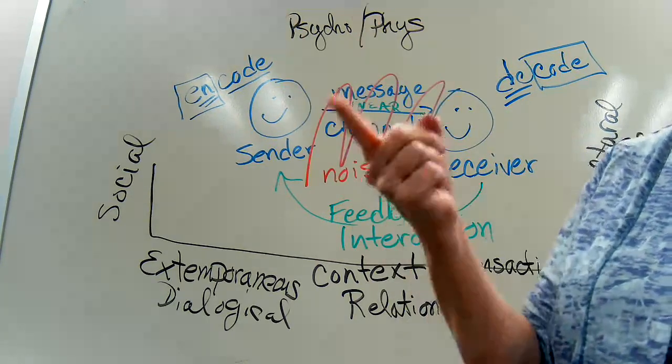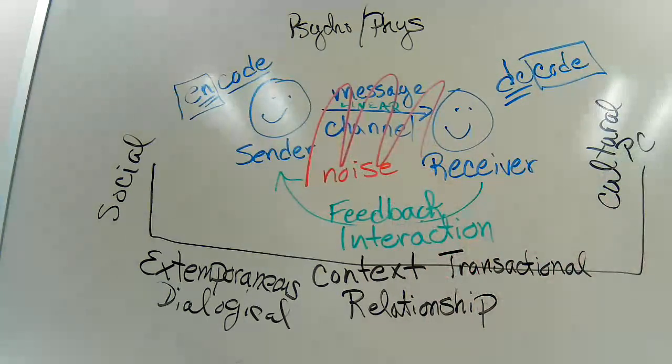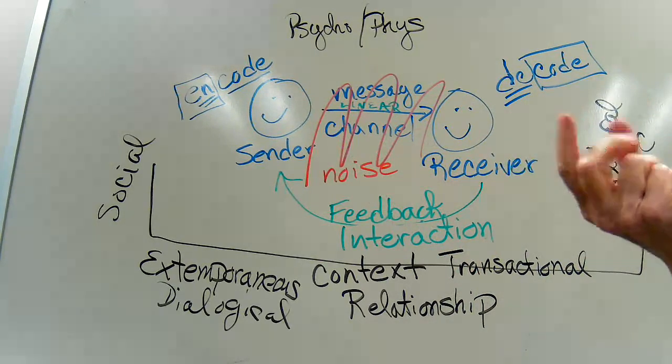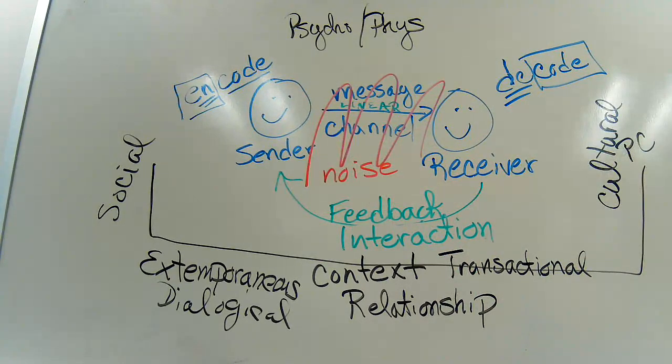What's your intent? What's your purpose? What are you trying to achieve? What's your goal? The second is going to be, what are the means? So that's the methodologies that you use, the support that you use, the medium that you use. And then there's the ends, or the result.